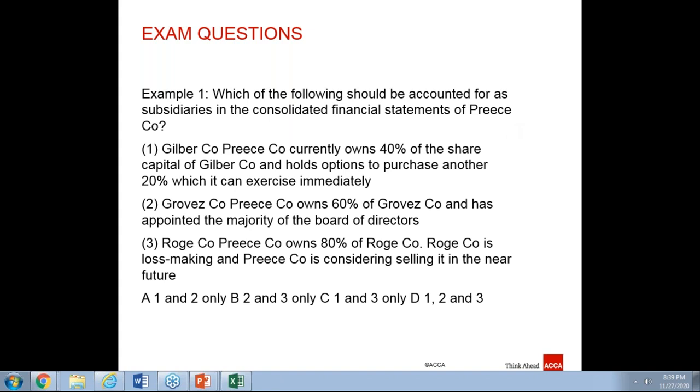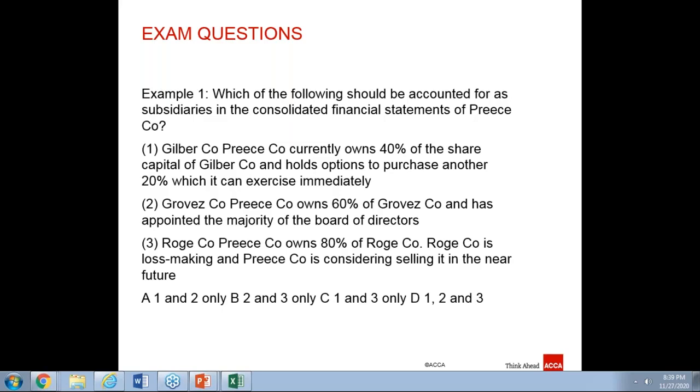Option A is which of the following should be accounted for as a subsidiary in a consolidated statement of financial position of Preece Company? First option is Gilbert Company. Preece currently owns 40% of the share capital of the Gilbert Company and holds an option to purchase another 20%, which it can exercise immediately.